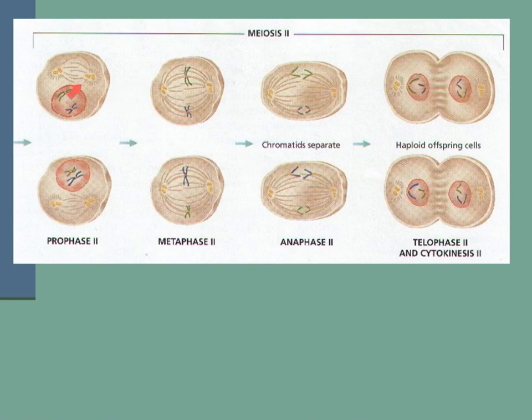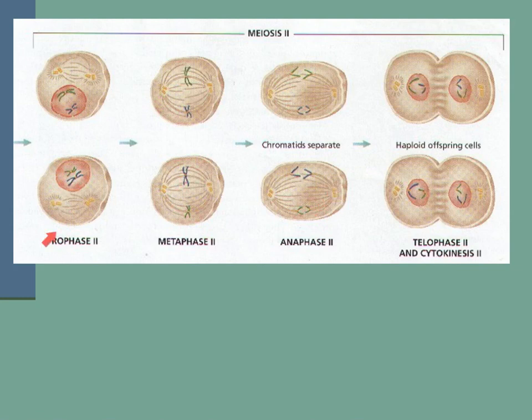They will begin to move towards the center of the cell, and you'll notice that they start to line up in the center of the cell for metaphase 2. And the spindle fibers will attach to the centrioles and to the centromere portion of the chromosome. In anaphase 2, we see that half a chromosome is being pulled to this pole, and half a chromosome is being pulled to this pole.